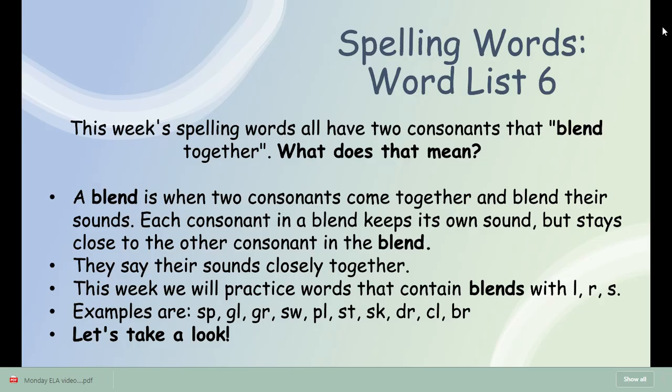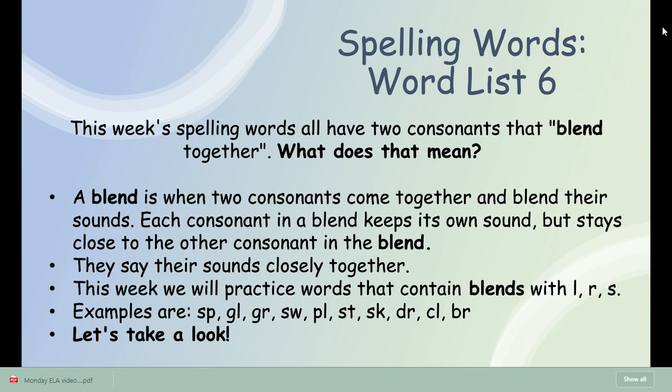Your spelling words this week are from Word List 6, and they all have something in common. They all contain a blend. What does that mean, Ms. Garcia? Well, I'll tell you.